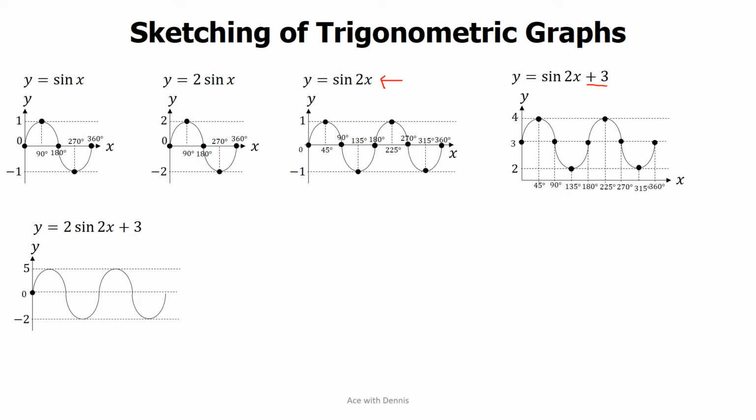Next, between 0 to 90 degrees, which should be at the maximum value, it is 45 degrees. Between 90 to 180 degrees, it will be 135 degrees. Between 180 to 270 degrees, the number is 225 degrees, which is at the peak value. And between 270 to 360 degrees, it will be at 315 degrees. So this is the graph of y equals sine 2x plus 3.